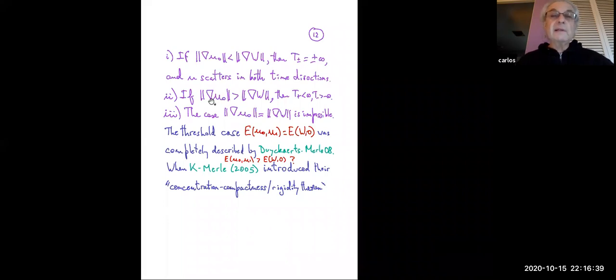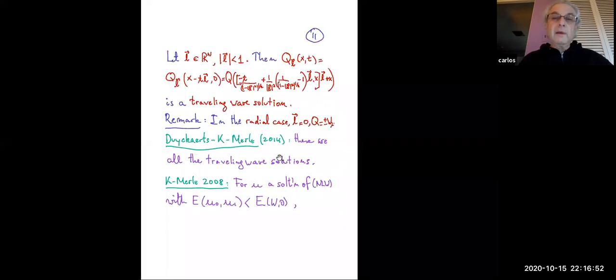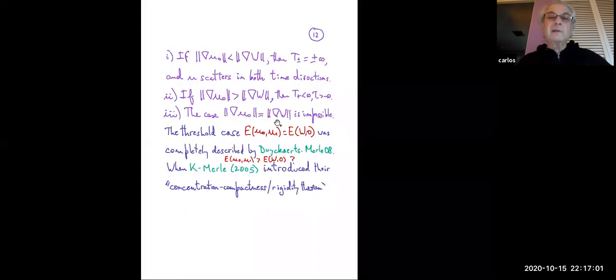In the case when it is bigger, then it has to cease to exist in finite time. It blows up in finite time in both time directions. And the third case, the case of equality, is impossible because of this constraint. So variational considerations show that this constraint eliminates this possibility.